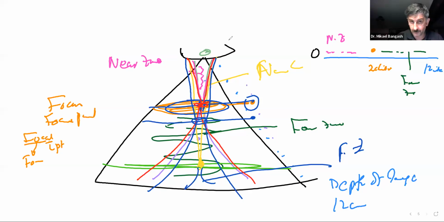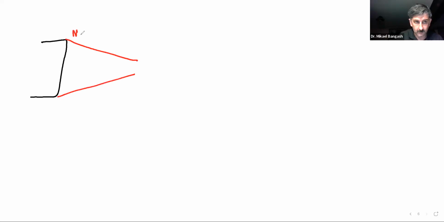Now girls, usually when I draw the beam, I just draw it this way. We could say this here is what we just called the near zone.